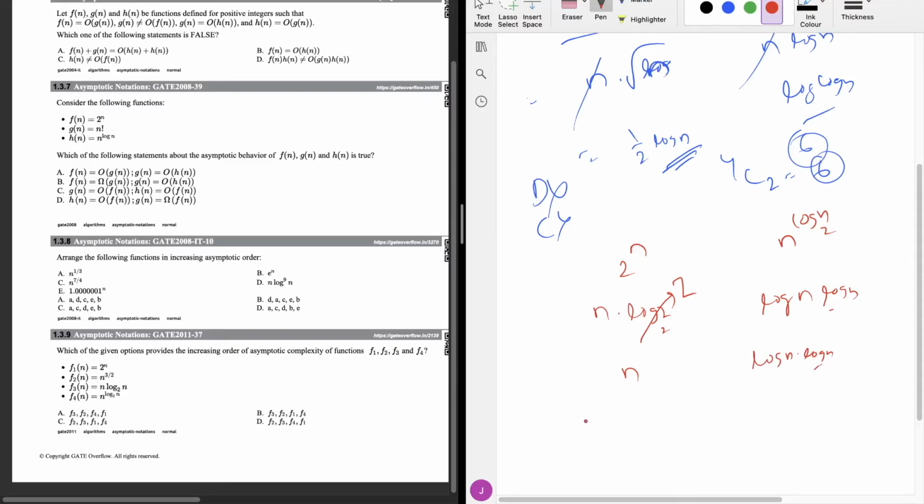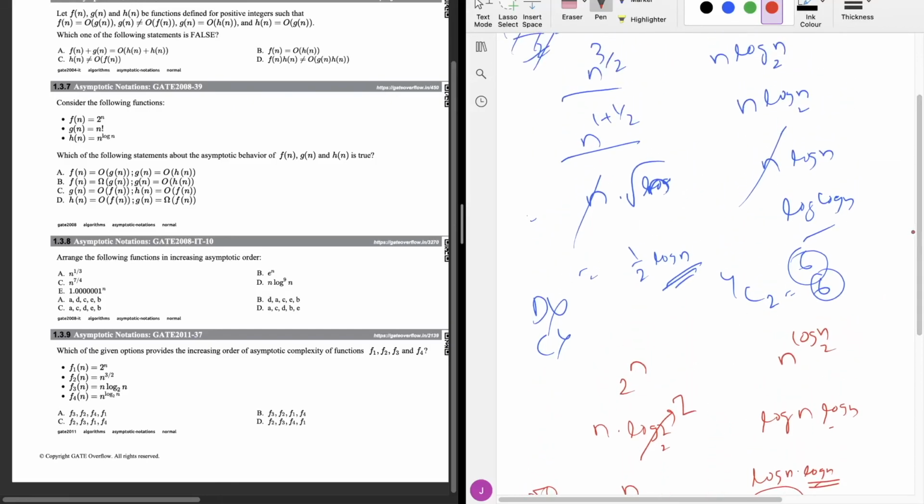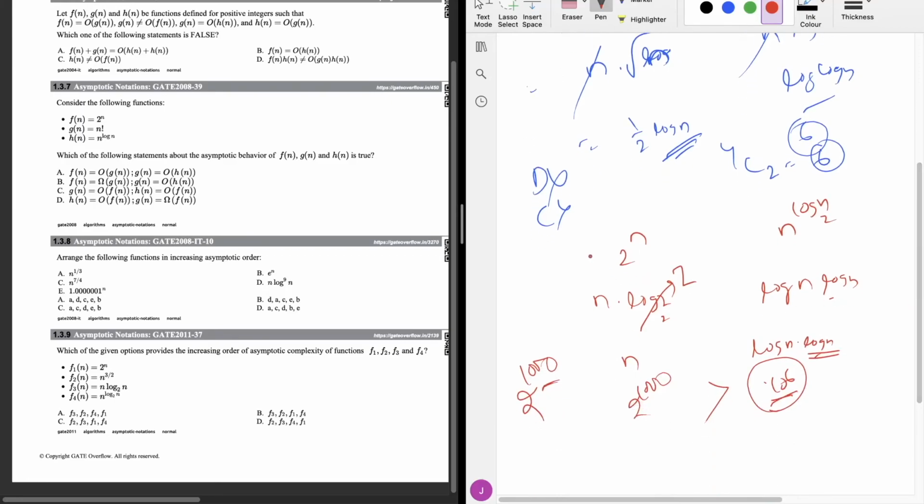Again, I can take a bigger value as an example. Let n be 2 power 1000. Here I get 2 power 1000, but here I get 10 power 6, because log of 2 power 1000 base 2 is 1000, and multiplying the two gives 10 power 6. That means this is very much bigger than 10 power 6. So 2 power n, which is f1, is greater than f4.